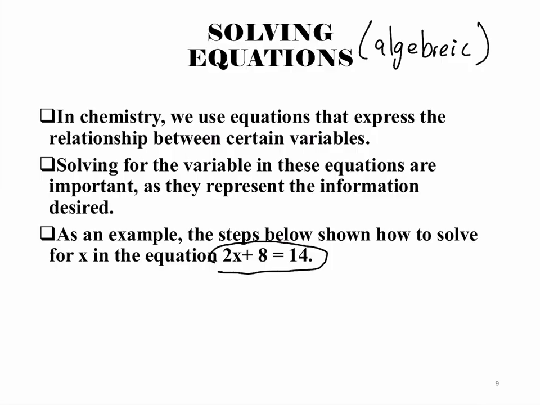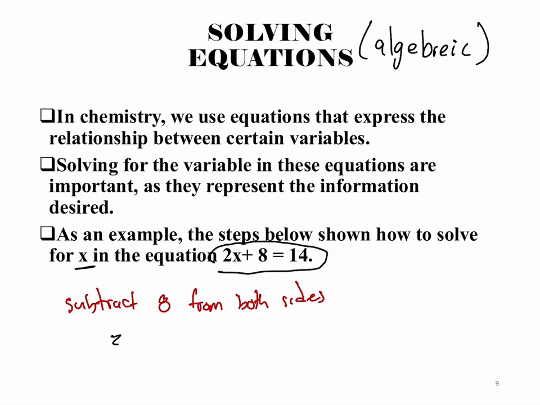But if we wanted to solve an equation like this for the variable, which was x in this case, what are the steps that we would have to do to isolate this variable? Yep, first thing we'll do is subtract 8 from both sides.